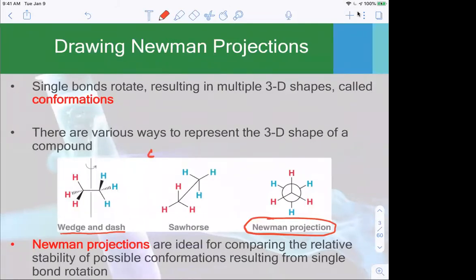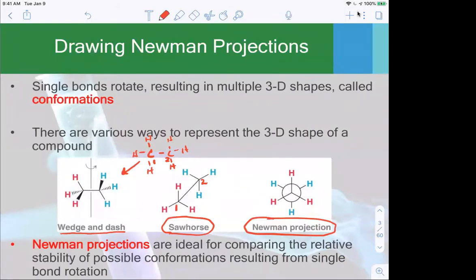If I have ethane, with this as carbon number 1 and this as carbon number 2, and I make the model, what I see is basically called a sawhorse projection.